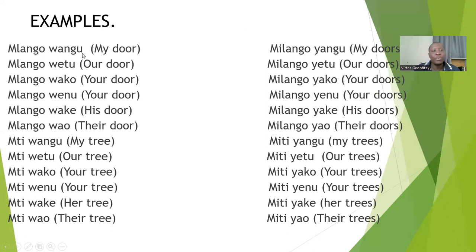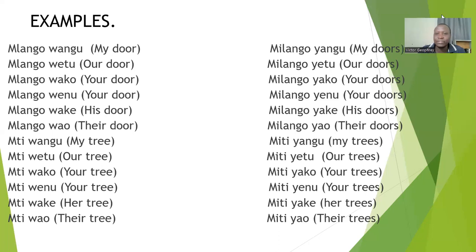Mlango wangu, my door. Milango yangu. Remember, milango is in plural. Milango yangu, my doors. You see the difference here? Mlango wangu, that is my door, because mlango is in singular.